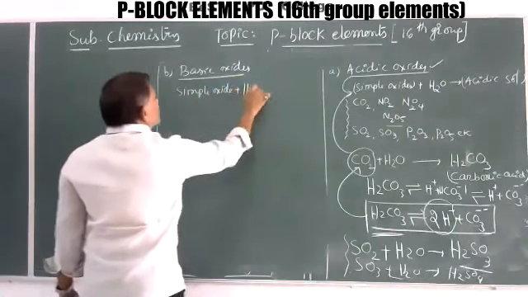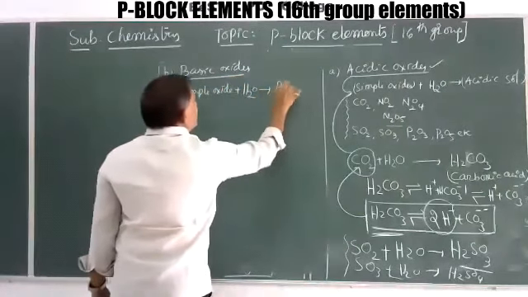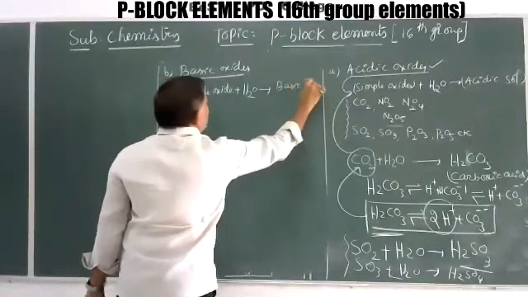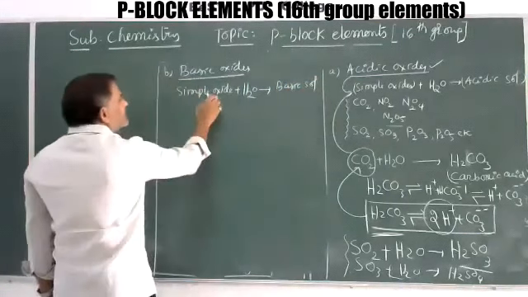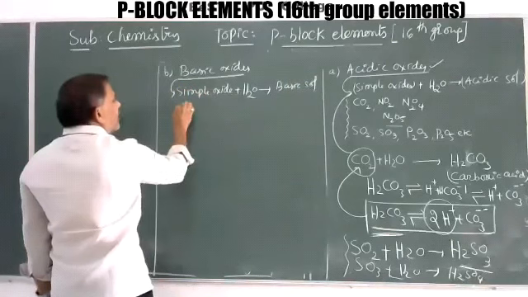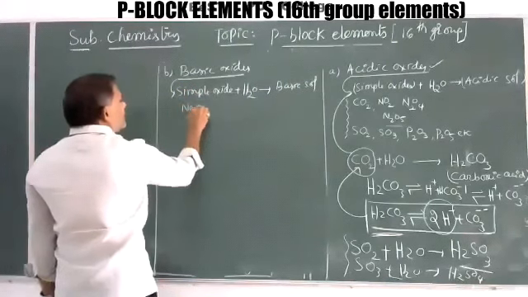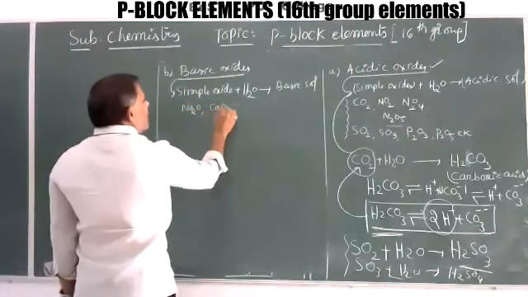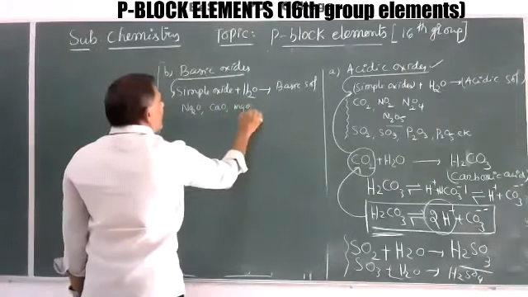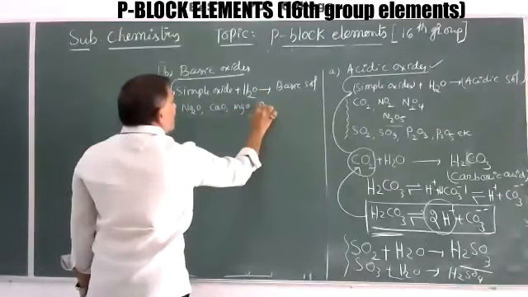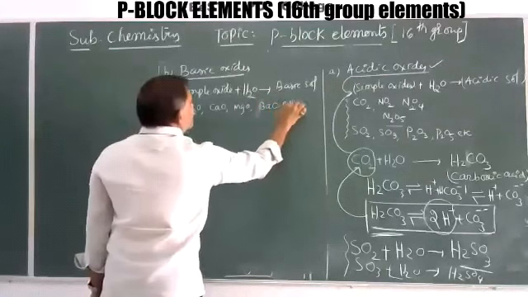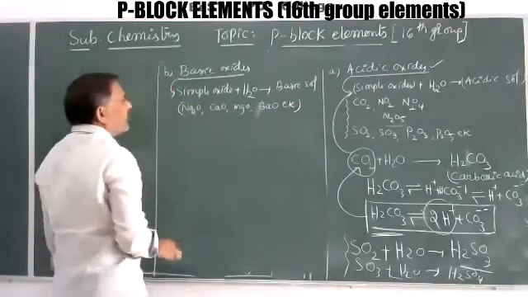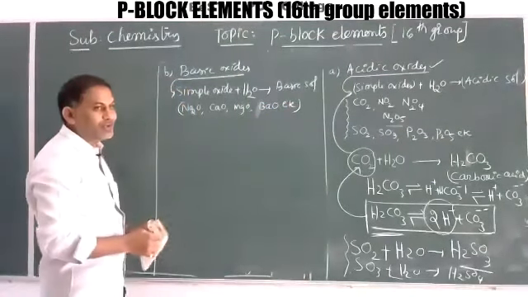When dissolved in water, they produce a basic solution. The simple basic oxides are like Na2O, CaO, MgO, BaO, barium oxide. These are simple oxides which are basic in nature.